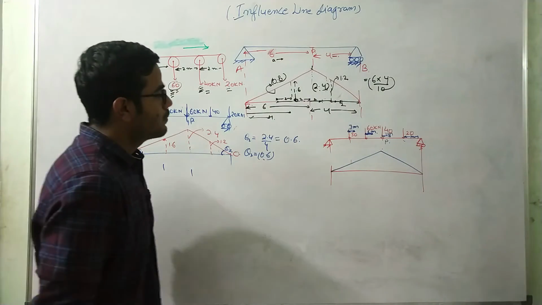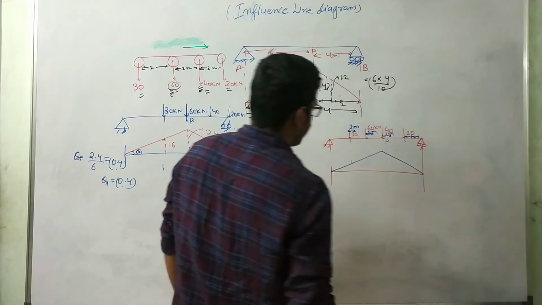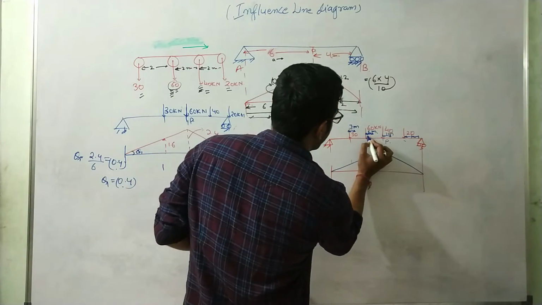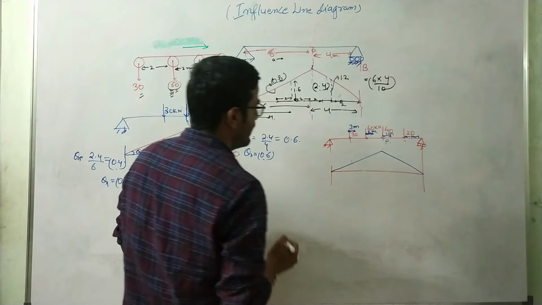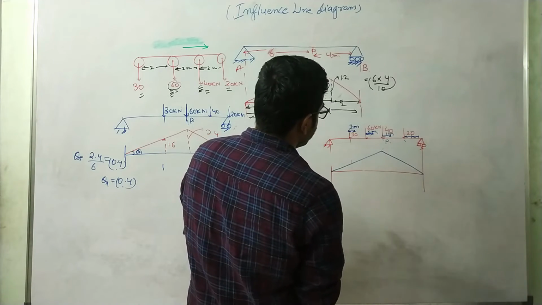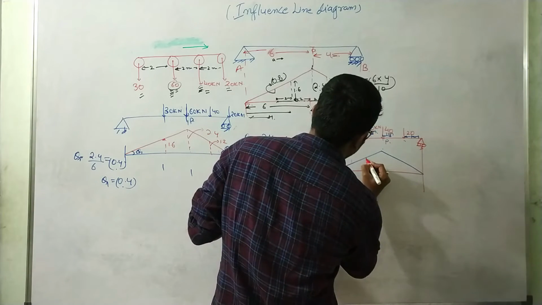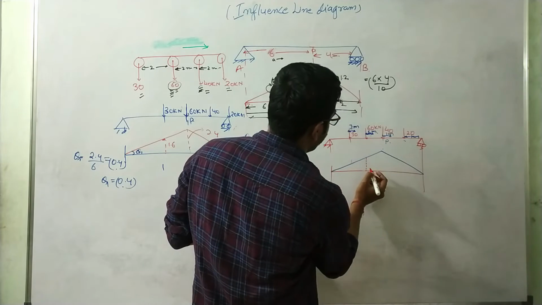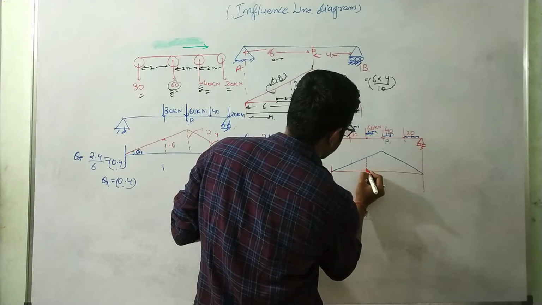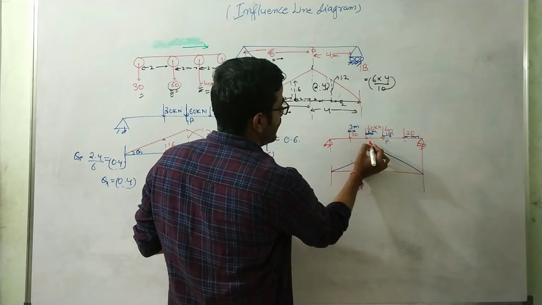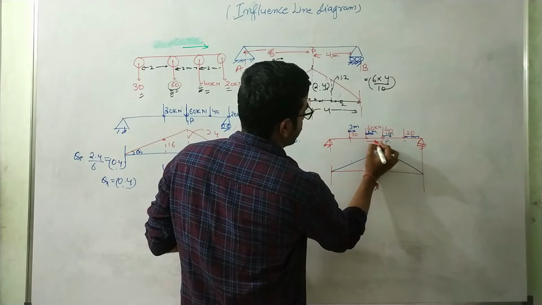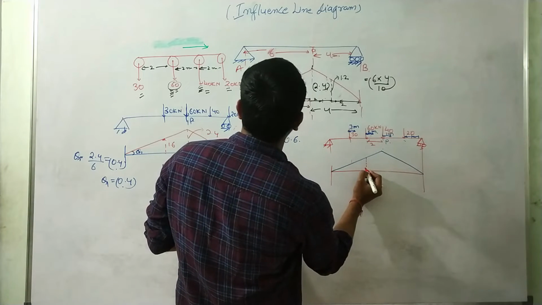Right? So what I want to tell is that when this 60 kilonewton load is moved by 1 meter, let us suppose initially the ordinate value for 60 kilonewton load, when it is acting at a distance of 2 meter, we have already calculated this.